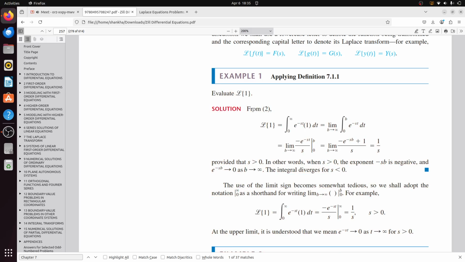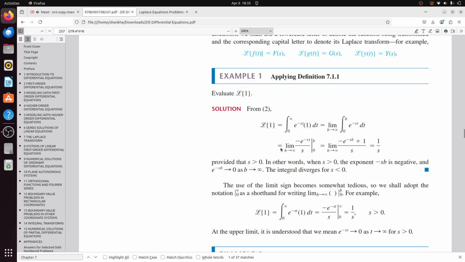So what you have to do is integrate 1 multiplied by the kernel function e to the power minus st. So this is the limit b tends to infinity of e to the power minus st by minus s, from 0 to b, because you are integrating just e to the power minus st dt.